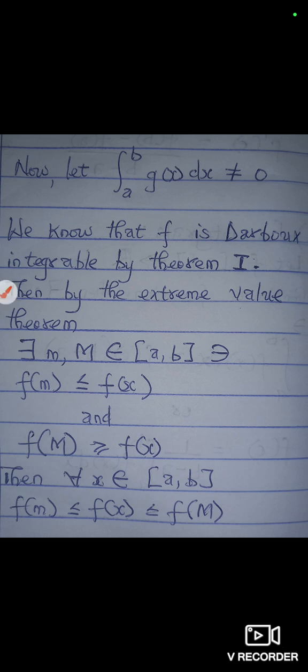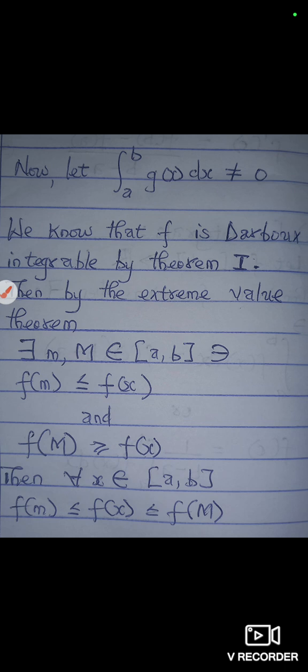Now by the extreme value theorem we have two real numbers such that the function at the first is less than or equal to f of x, and the function at the second is greater than or equal to f of x. If this is true, then f of x should lie between the small one and the big one.